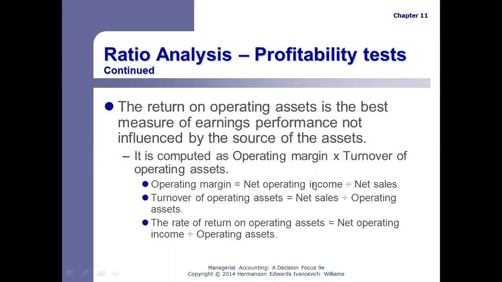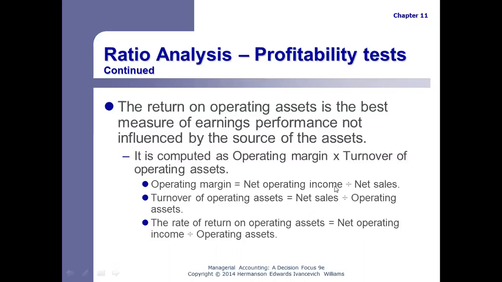Operating income is money that you make from doing your normal day-to-day operations, not from selling stuff, not from borrowing. It's your normal day-to-day operations divided by net sales.